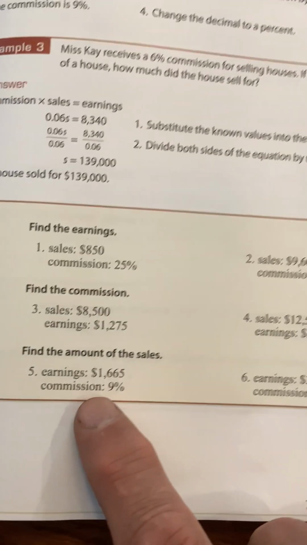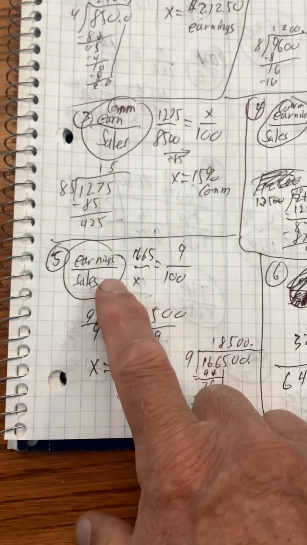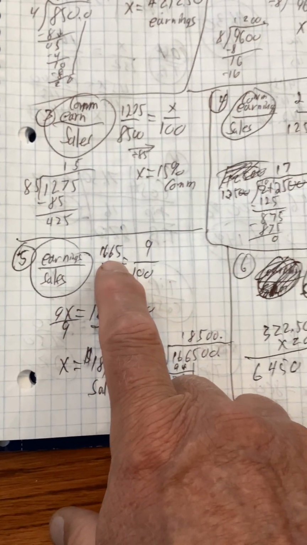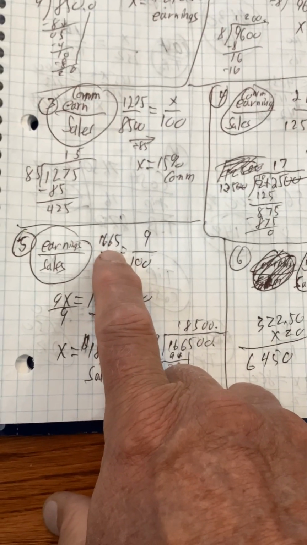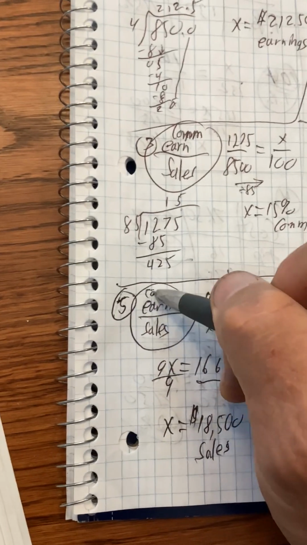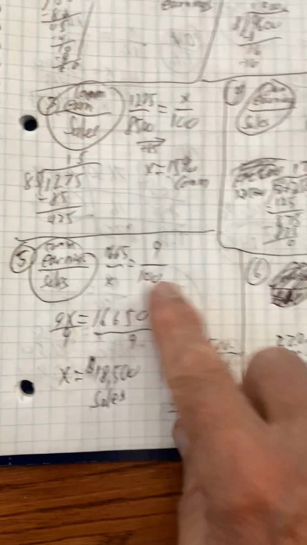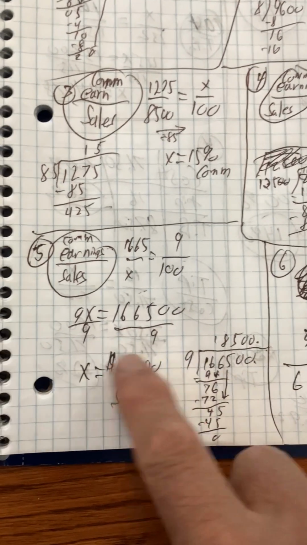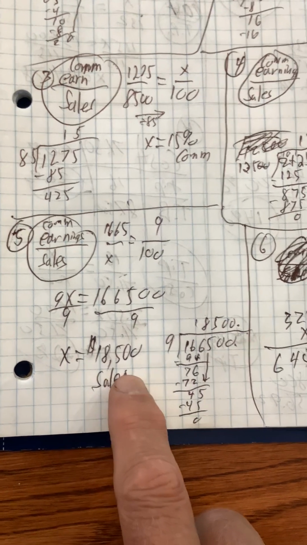Number 5, this time they give you the earnings and the commission. They want you to find the sales. So again, earnings over sales. Here's my earnings, or my commission, and I'm trying to find the sales. It was 9%. So crisscross, divide by 9. The thing sold for $18,500.